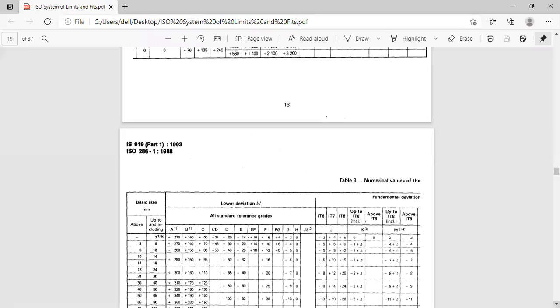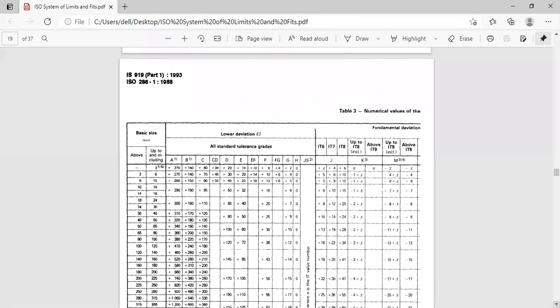According to the particular step size of the diameter, you go directly to that step size, and suppose it is F7 like that. So this is for the hole. You can directly take 20 microns, or directly from the basic fundamentals you can calculate IT7.